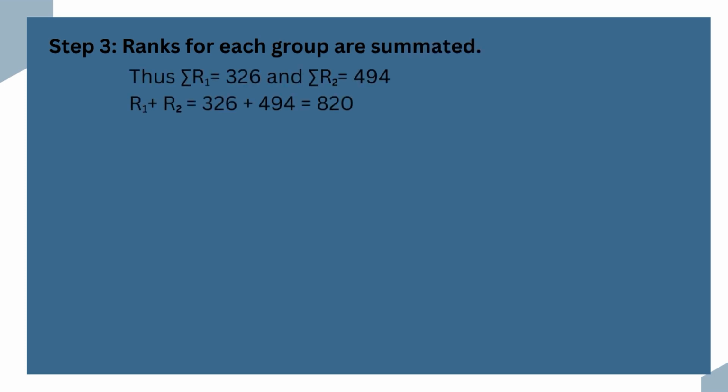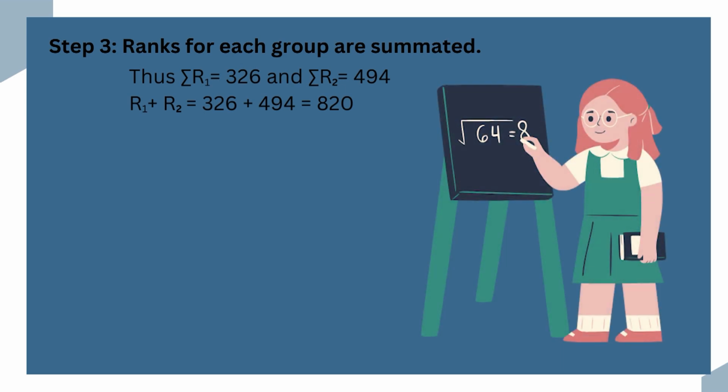Now come to step number 3. In step number 3, the ranks for each group are to be summated. So, summation of ranks should be there in step number 3. Thus, summation R1 is equal to 326, and after summation of R2 the value would be 494.